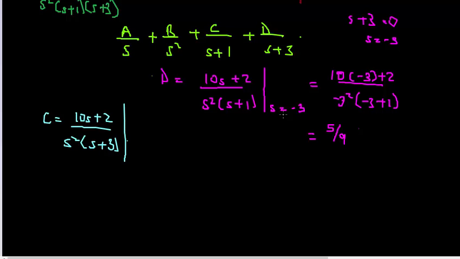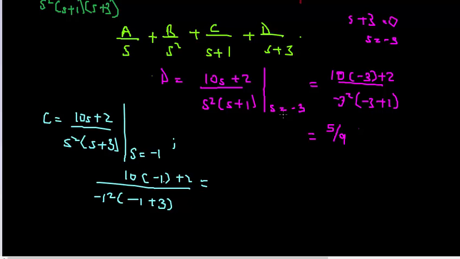Now if you equate s plus 1 equals to 0, you see that s is equal to minus 1. Now after substituting, you should have 10 into bracket minus 1 plus 2 over minus 1 squared into bracket minus 1 plus 3. Now after doing this, you have your final answer to be equal to 5.